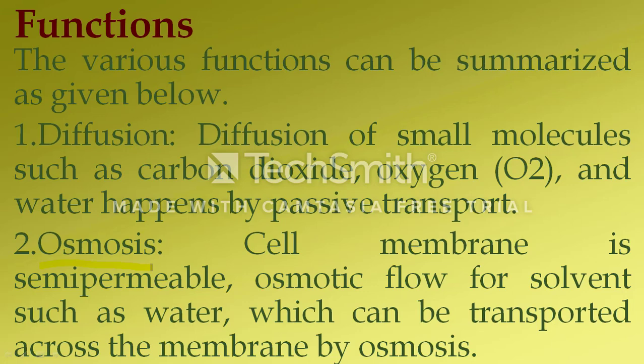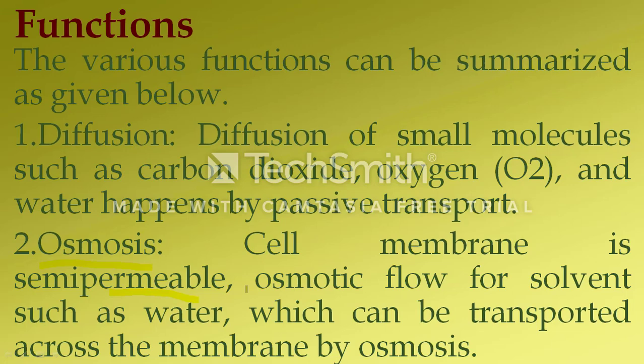Here the cell membrane, what we know about plasma membrane, it's a semi-permeable membrane. It will not allow all the molecules to pass through. Hence it is called semi-permeable. Which is required will be entering inside the cell. At the same time, the molecules which are not required by the cell will be extruded out of the cell by the plasma membrane. So the molecules from the higher concentration to lower concentration pass through this membrane.